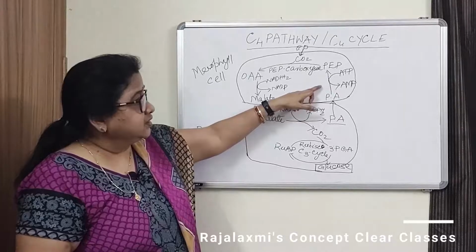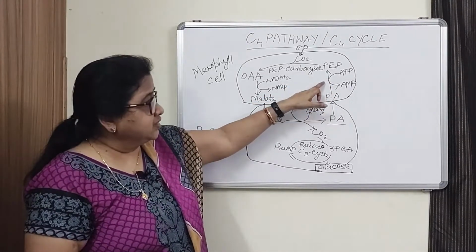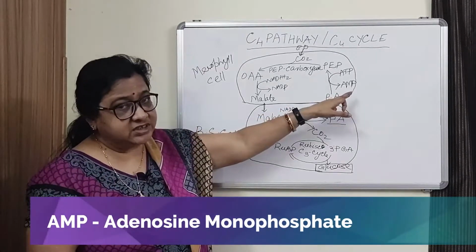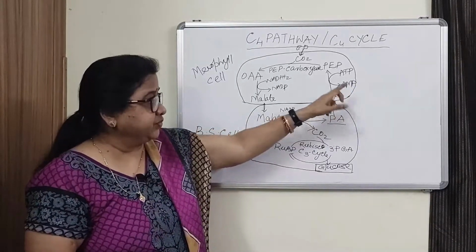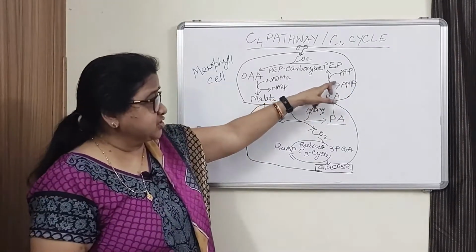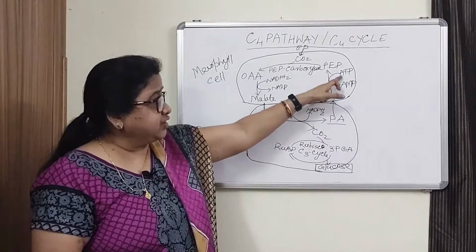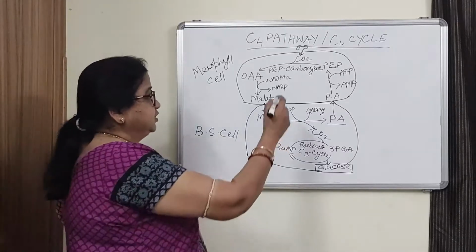During this process, one ATP molecule is converted to AMP instead of ADP, here adenosine monophosphate. So in this process 2 phosphate bonds are broken, because it is triphosphate to monophosphate.